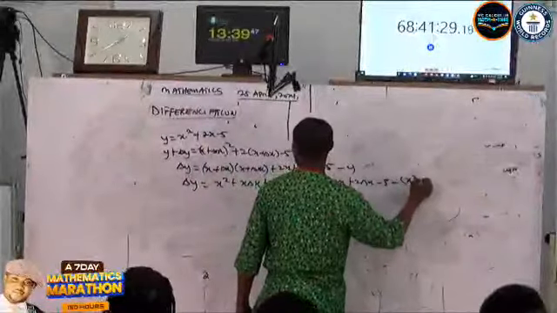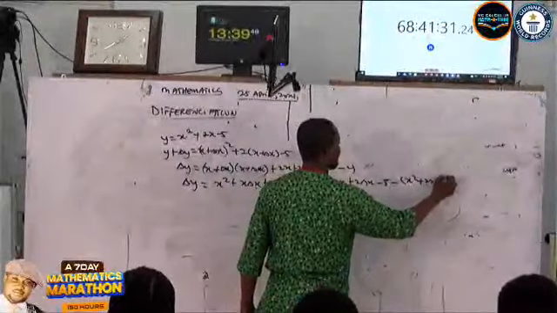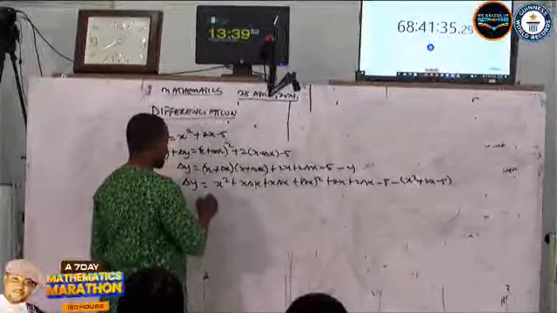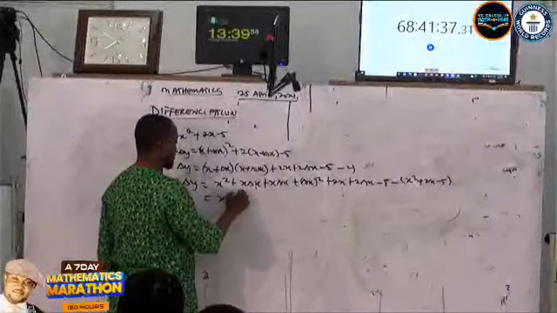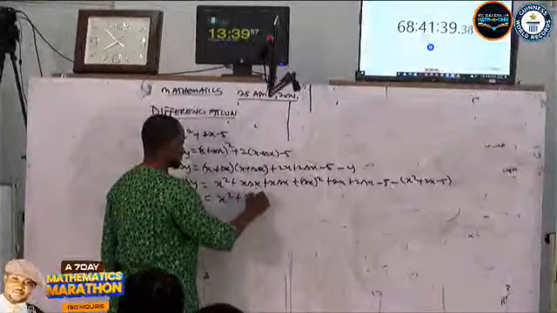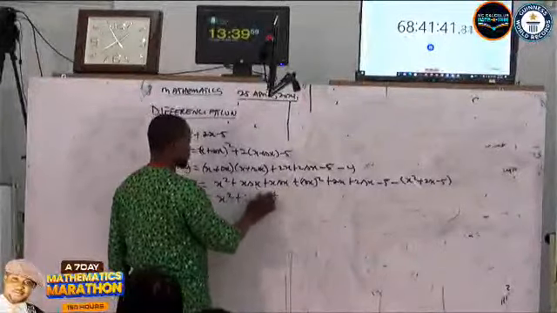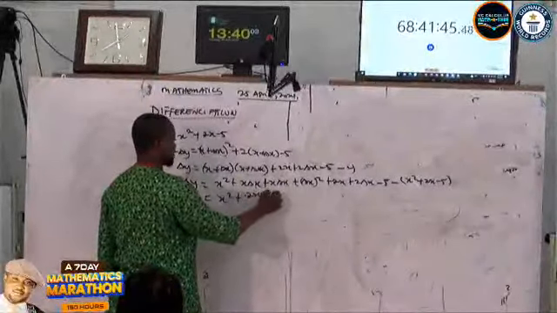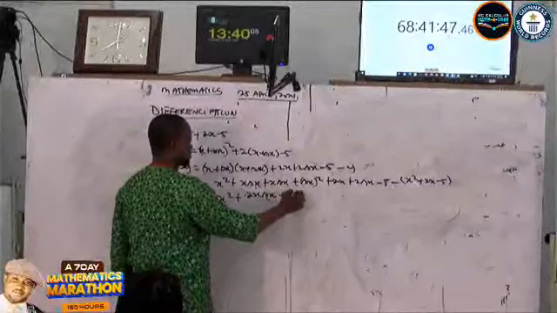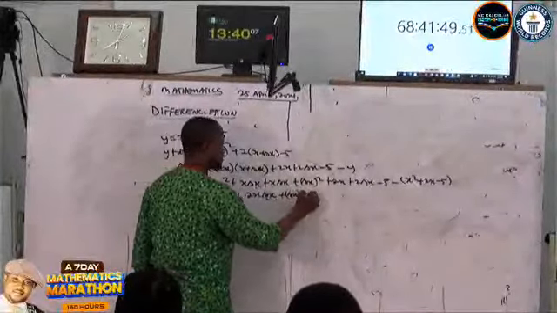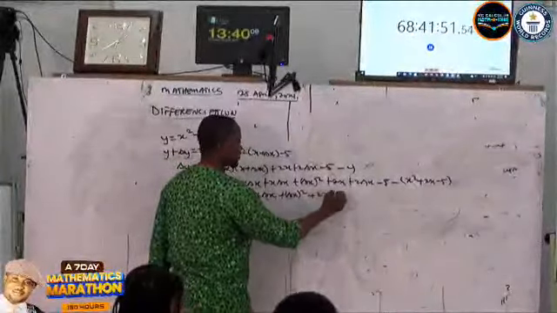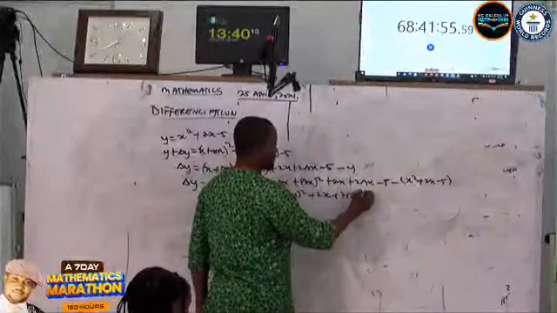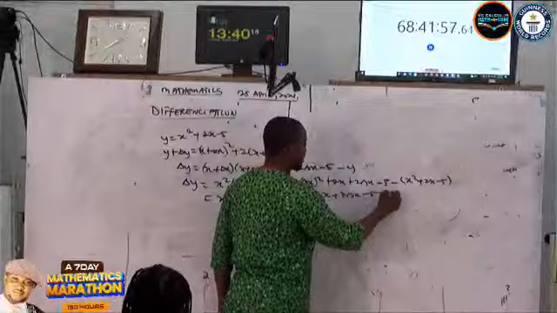x squared. So therefore this will now be x squared plus x change in x plus, this is 2 of that, 2x change in x plus change in x all squared plus 2x plus 2 change in x minus 5 minus, open the bracket.